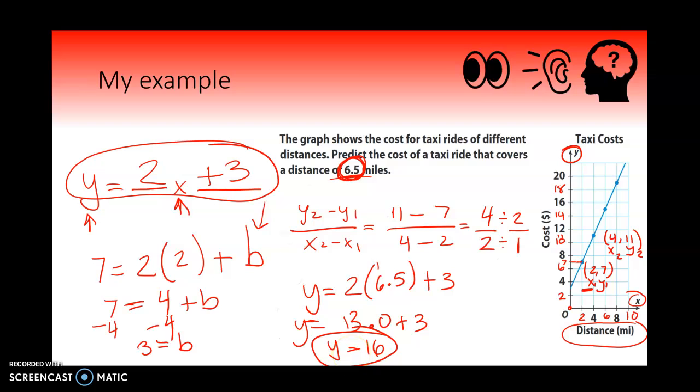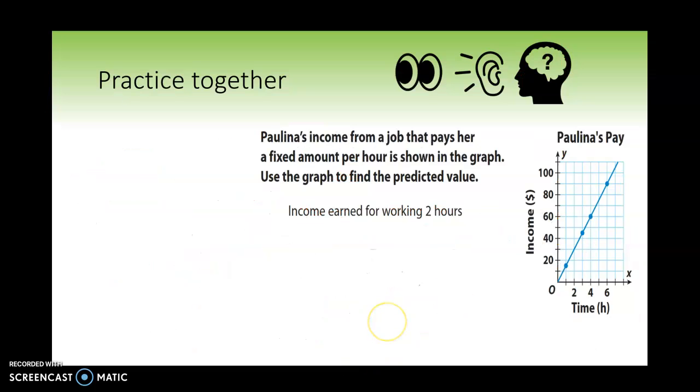Okay, let's try one more. It says Paulina's income for a job that pays her a fixed amount per hour is shown in the graph. Use the graph to find the predictive value. Okay, so it looks like it's going by tens over here, and over here it's going by ones. I see here's a nice dot and here's a nice dot.